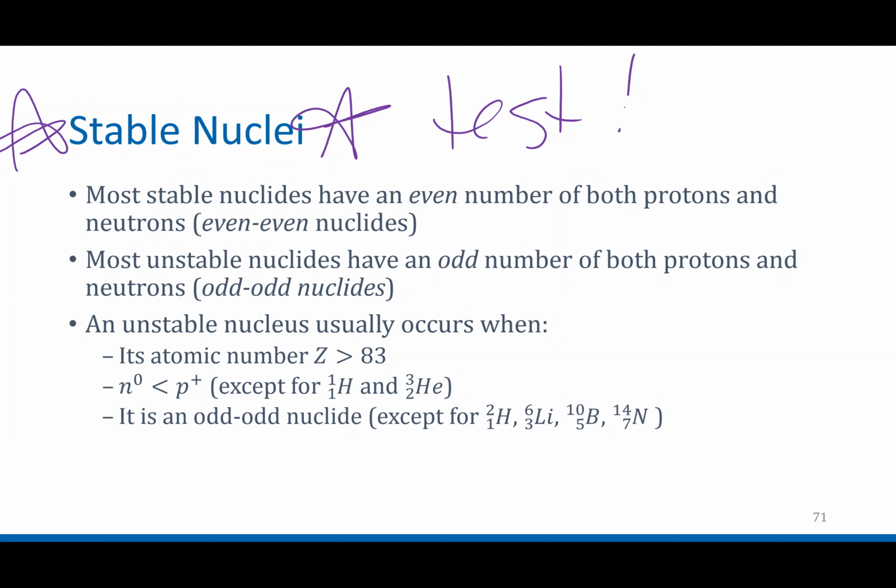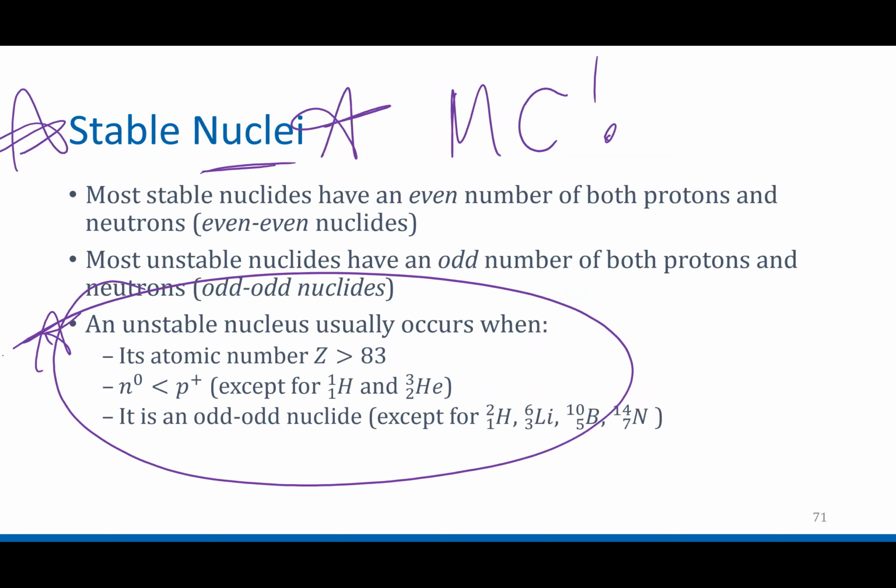So, one multiple choice question you might see on your test in October is which isotope, which nuclei is the fancy word, but I just mean isotope, is stable? Well, basically, it's this rule on the bottom.